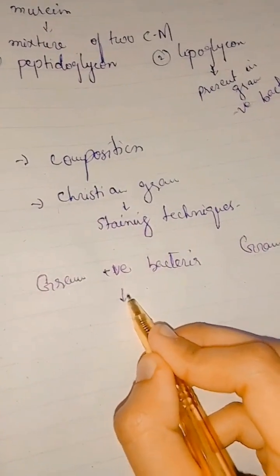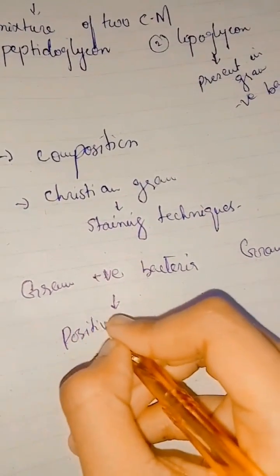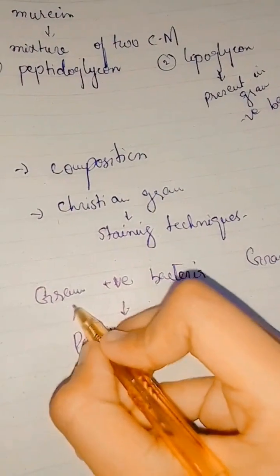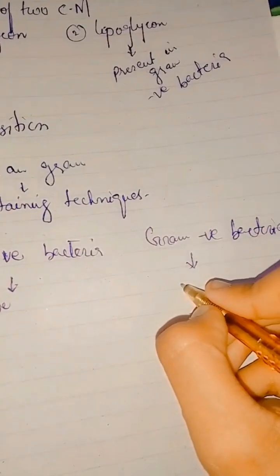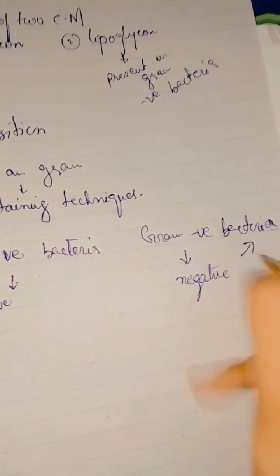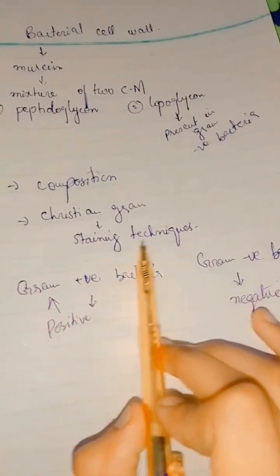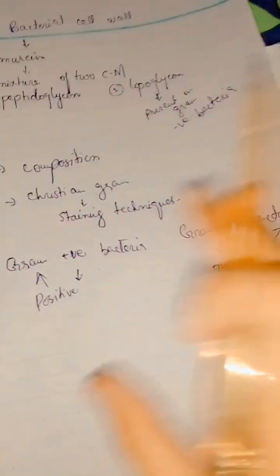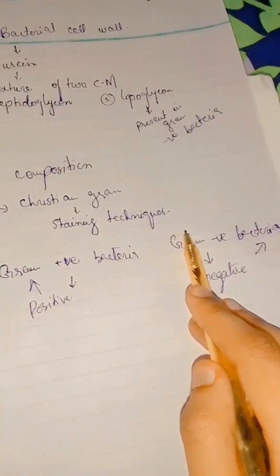Gram positive bacteria means the staining response will be positive on the Gram staining, and for gram negative bacteria the staining response will be negative on the Gram staining. So he classified the bacteria on the basis of the staining response.